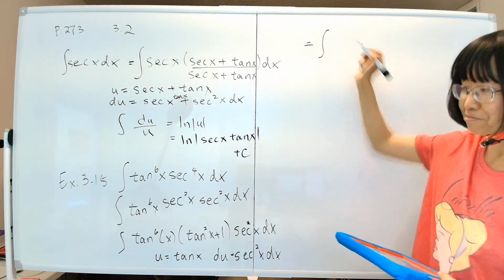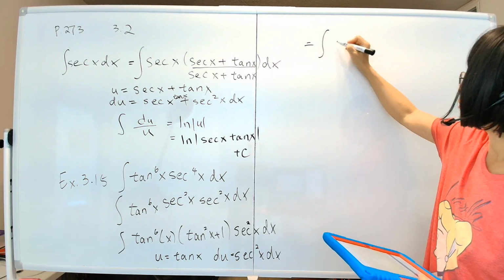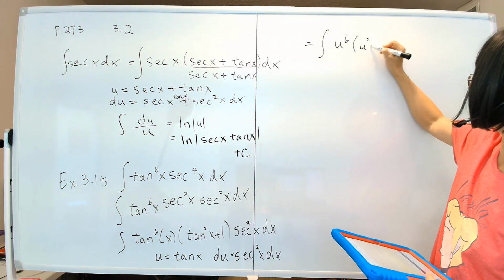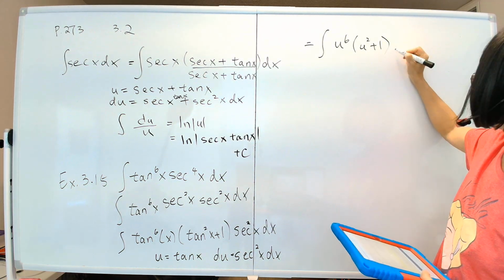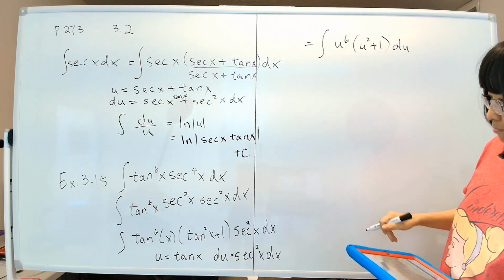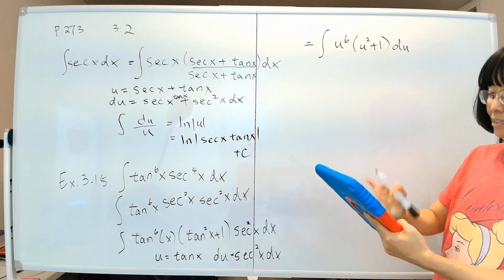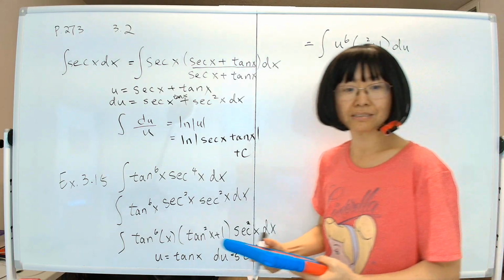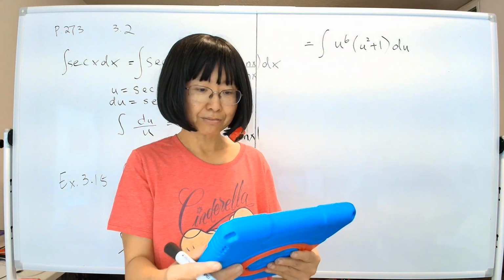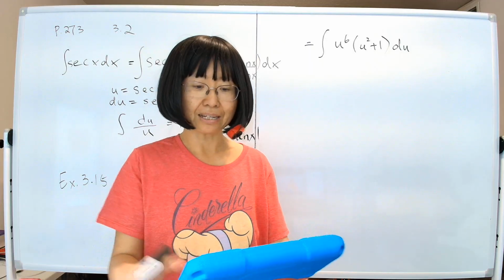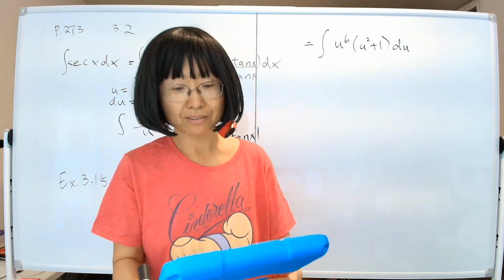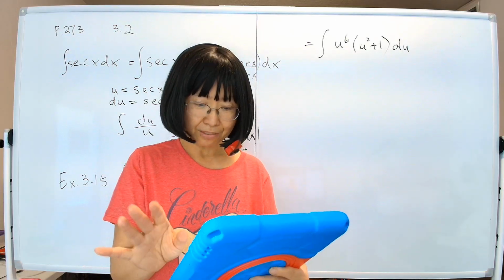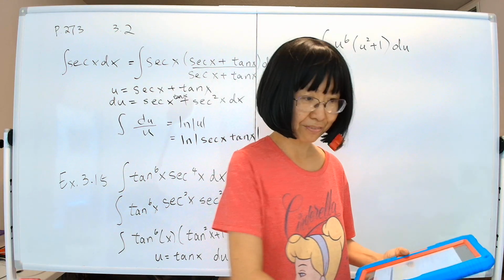We're on our way home. So then it becomes u to the power 6 times u squared plus 1, and then du, right? Yeah, I think so. At this point, what we have left is just a matter of grunt work, and if you don't mess up the grunt work, everything should come out just fine. So please finish example 3.15 as your homework.